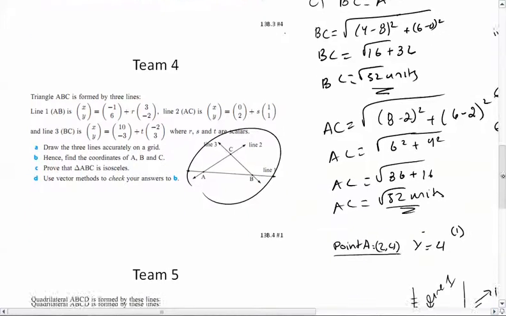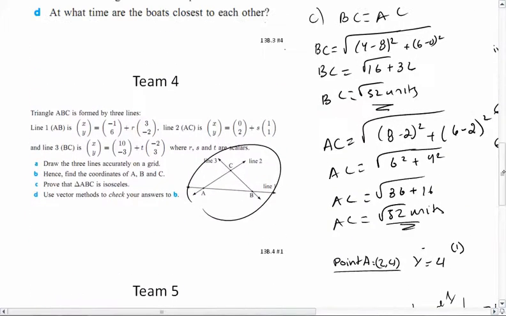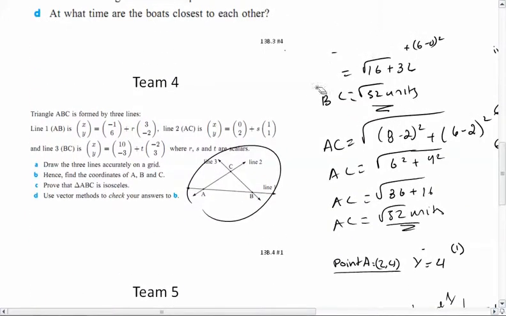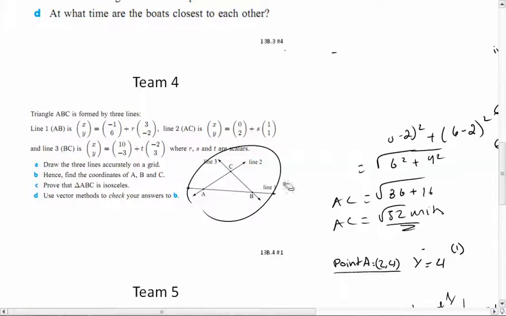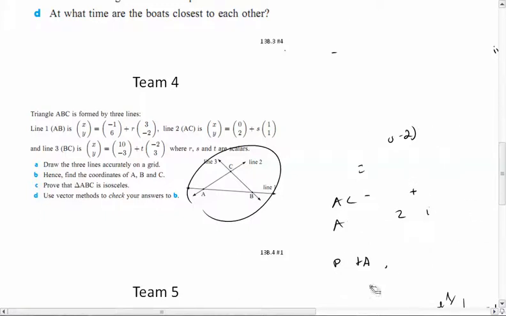Moving on to part D. In part D, we use the vector method to check our answer in part B. So we just put them in the vector formula.